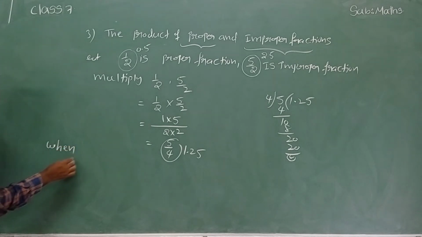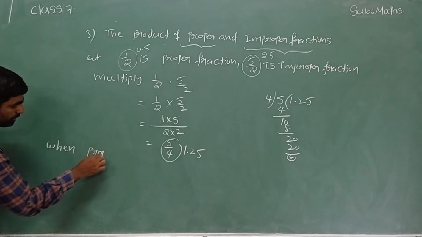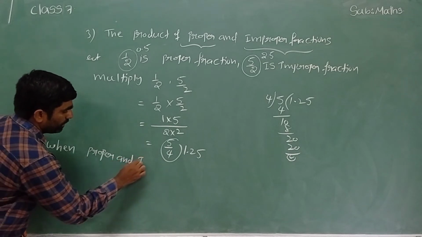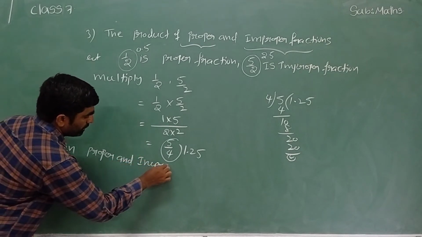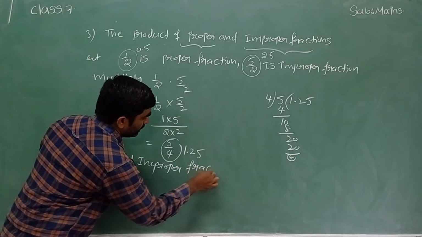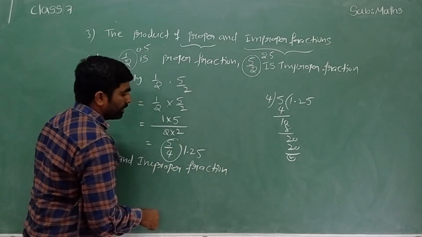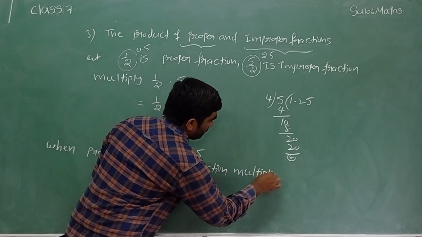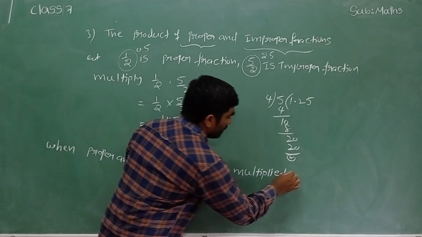When a proper and an improper fraction are multiplied, what is the result? What is the product?